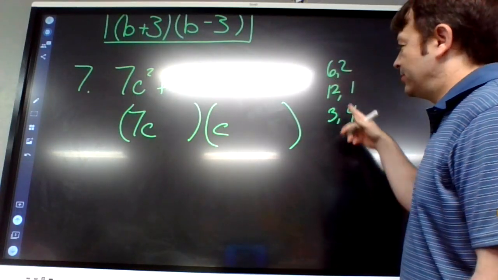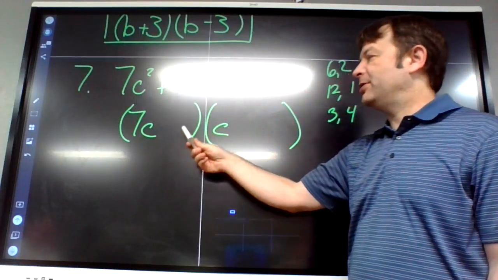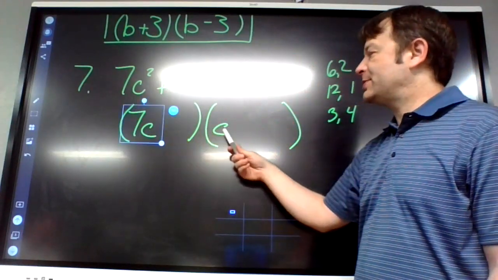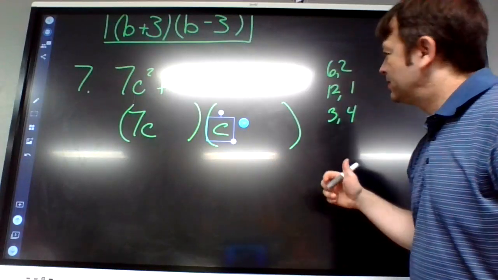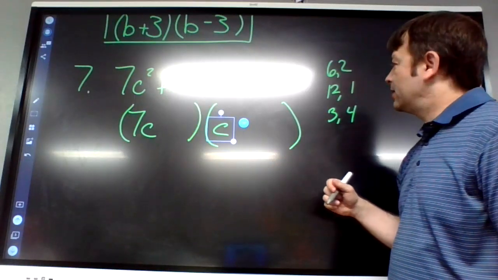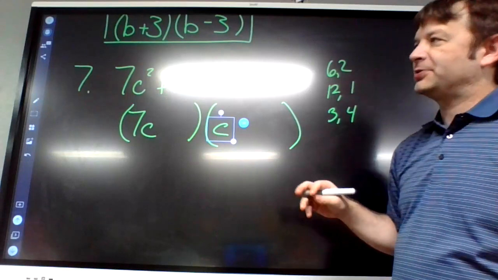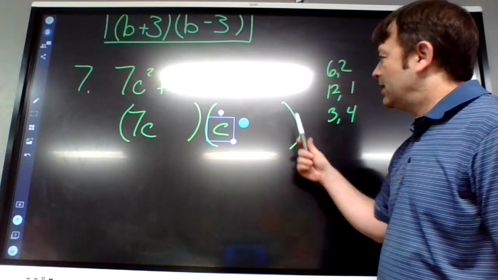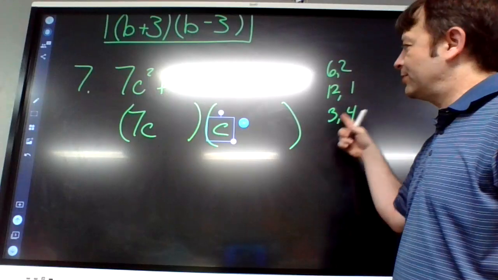Okay, does the order matter on these? The order matters because this is a 7c and this is a c, so it's different if you put them in different spots. Yeah, we don't do fractions and decimals on these. So it's 6 and 2, 2 and 6, 12 and 1, 1 and 12, 3 and 4, 4 and 3.